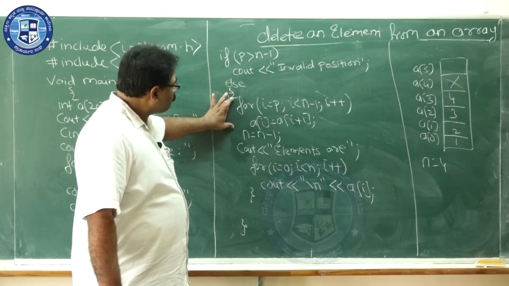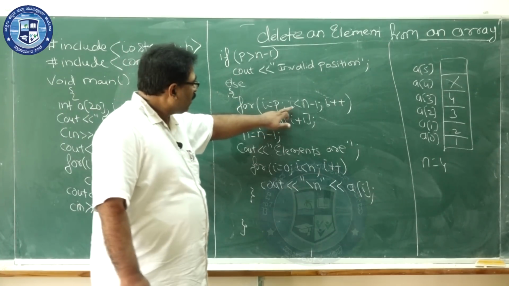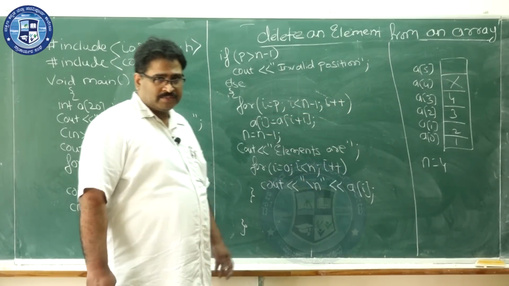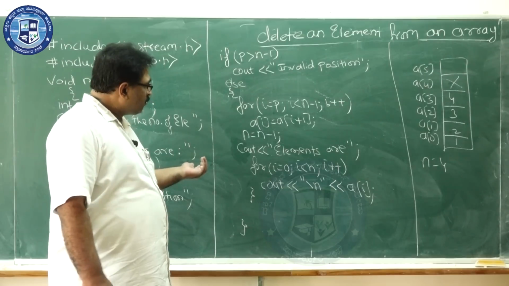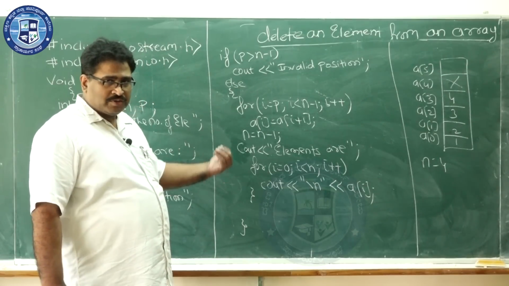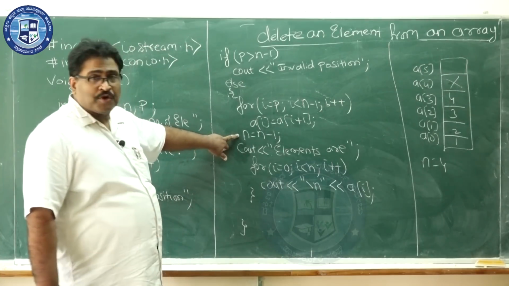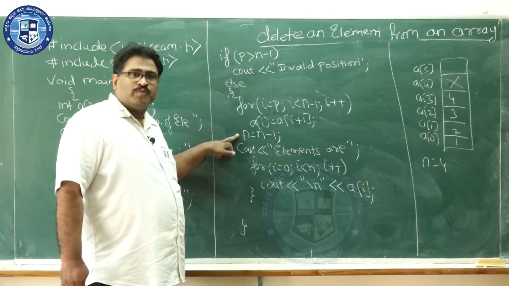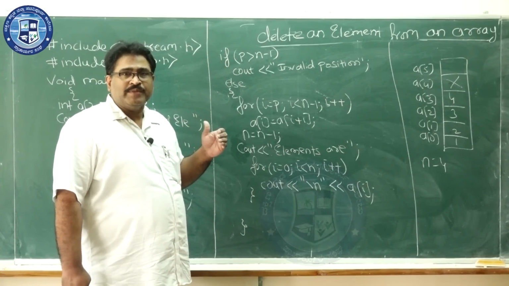You have the for loop which starts from p, I is less than n minus 1, I plus plus, right? And you are putting down the elements, that is A of I is equals to A of I plus 1. And this is again an important statement here, that is n equal to n minus 1. Why? Because we are decrementing the number of elements.